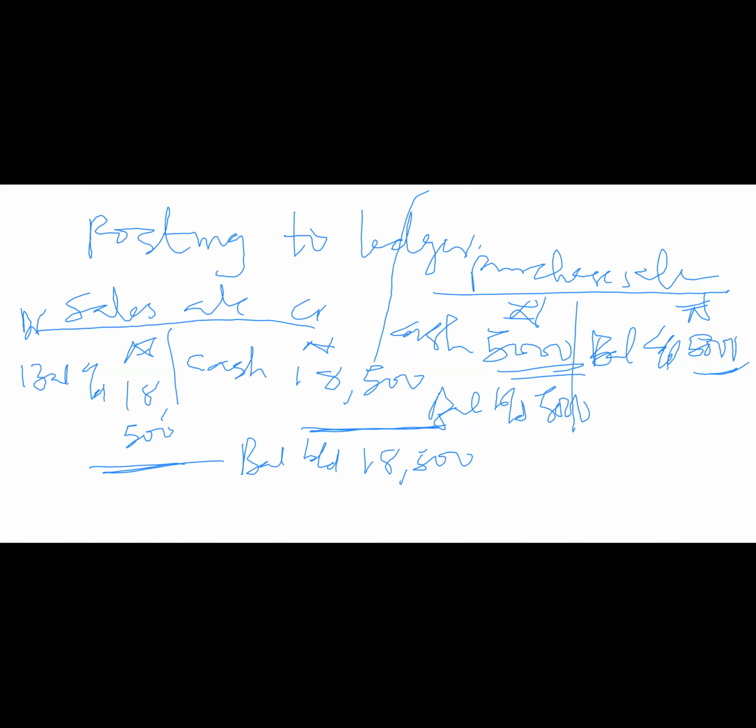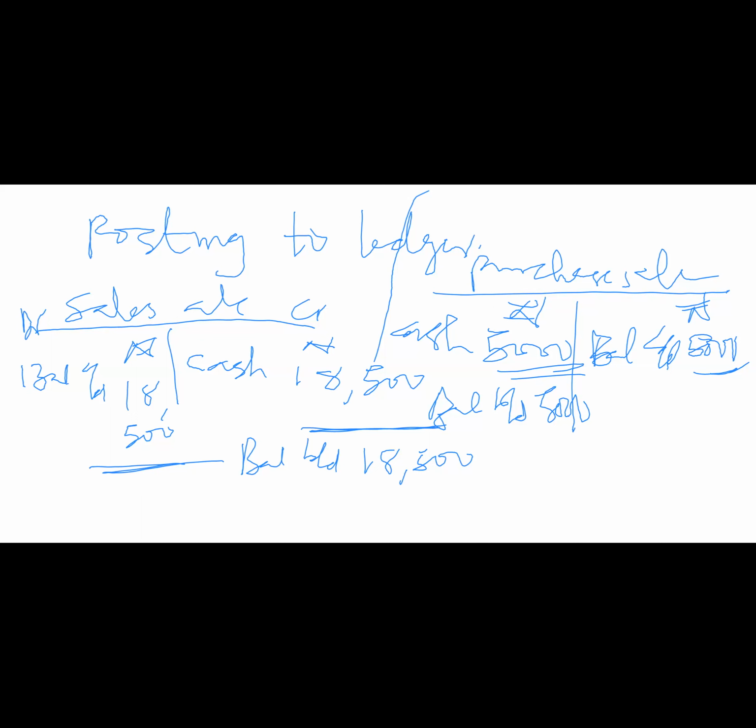Then we have the purchase account too. For the purchase account, we have cash, then the balance CD, then the balance BD. If you look at it now, the balance BD, brought down, falls on the debit side of the purchase account.